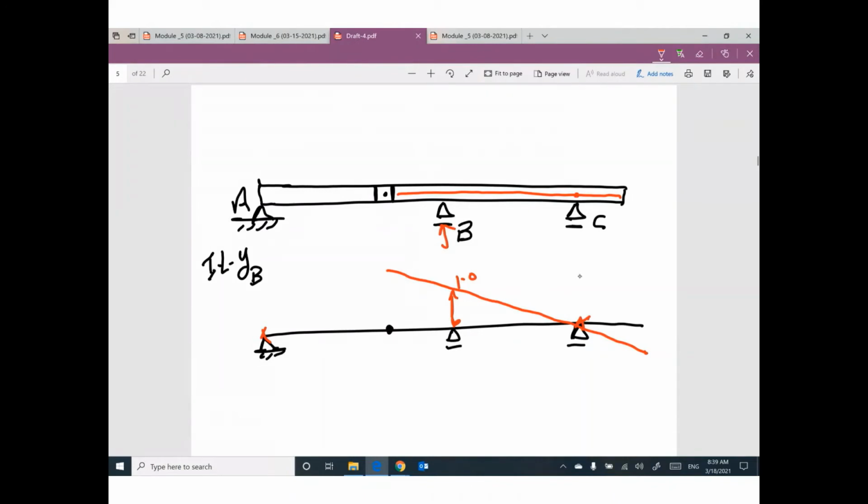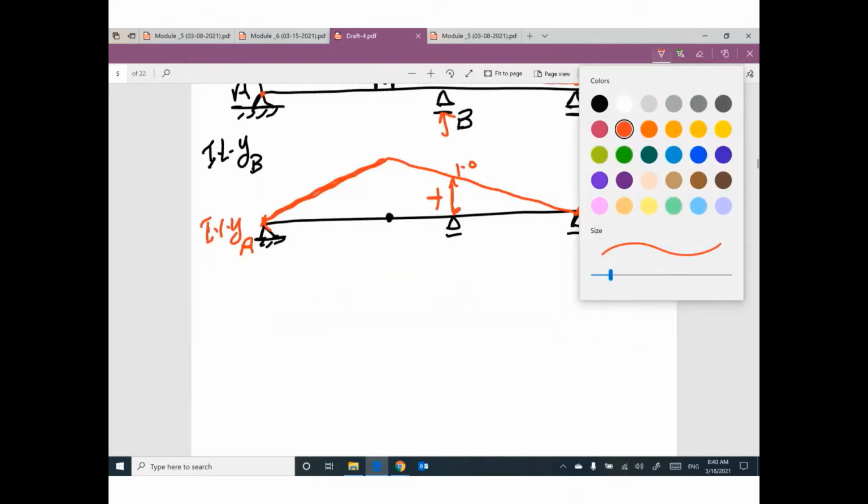So the new position of this red line will be like this. Negative, positive. Because you have here connection and this point does not move, so I think the new position of this one looks like this. Anyway, this one can be called influence line for reaction YA.